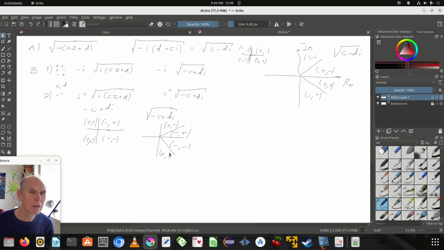In case minus plus, we multiply by minus i. Wasn't that the one that agreed? Plus minus, we multiply by minus i. So that's wrong. So we have to redo that. And then minus we multiply by i, which agrees. So there was one error, and I will leave that to you.